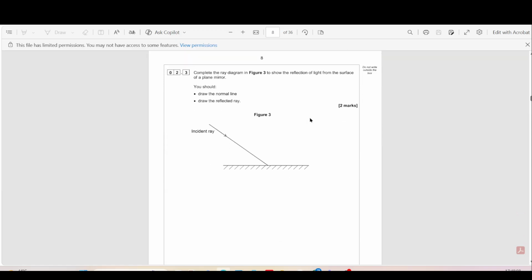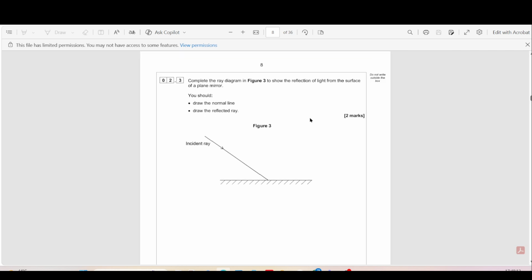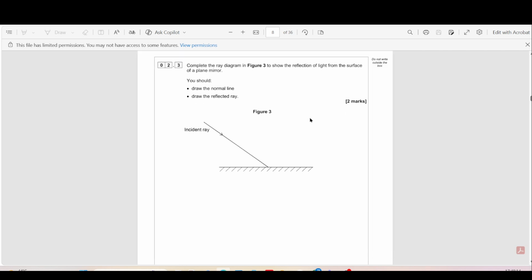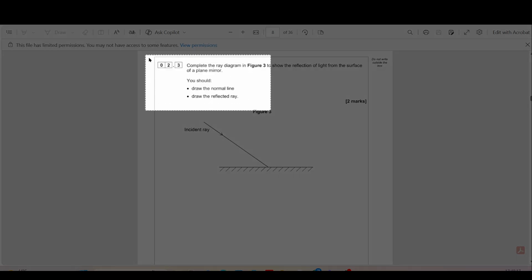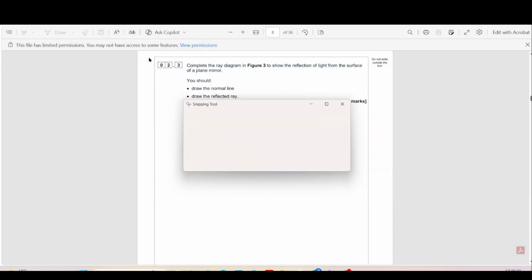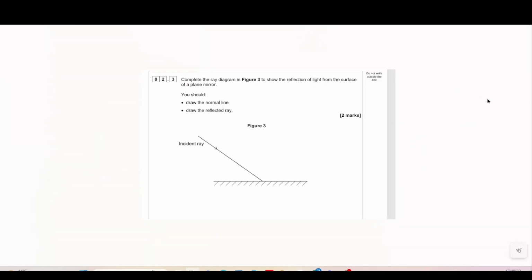Okay, then we have 2.3. Draw a normal line, draw a reflected ray. Normal means it makes a 90-degree angle with the surface. That is called normal. And reflected is the ray which will bounce back.